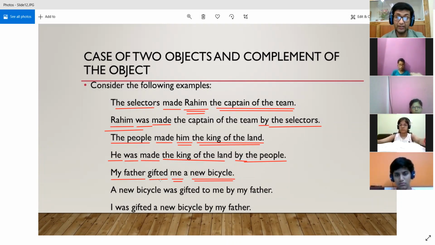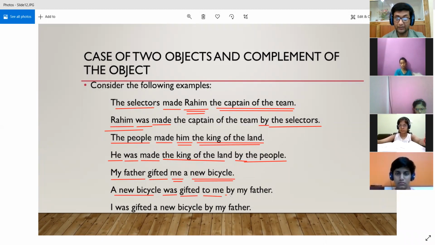First of all, we can see that the sentence is in the simple past. So I am starting with the bicycle in the first example. A new bicycle was gifted. Since we are talking about a new bicycle, that is singular in this case, we are using was, and gifted is the third form of the verb gift. So a new bicycle was gifted to me by my father.